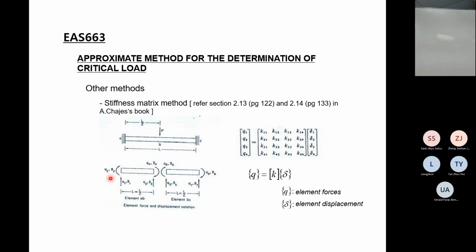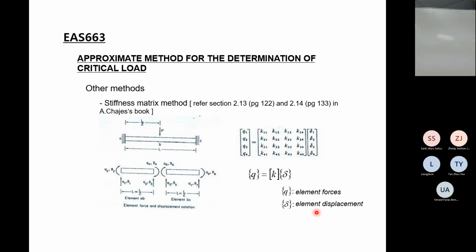You can see the Q and also the corresponding delta, and they are related together by these stiffness equations. The matrix here is what we call the stiffness matrix. We call this vector the element forces, and this vector delta the element displacements.